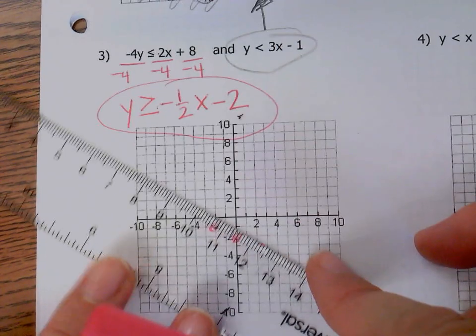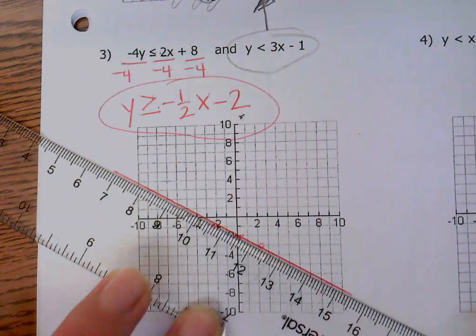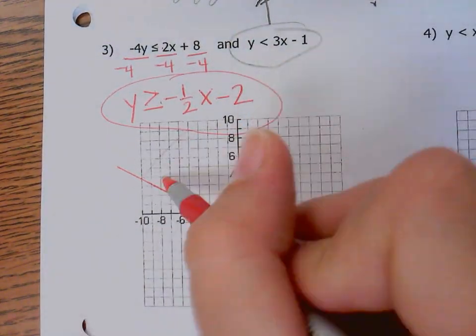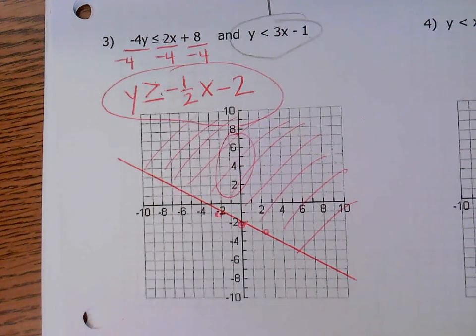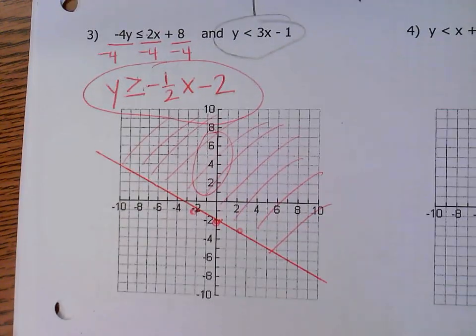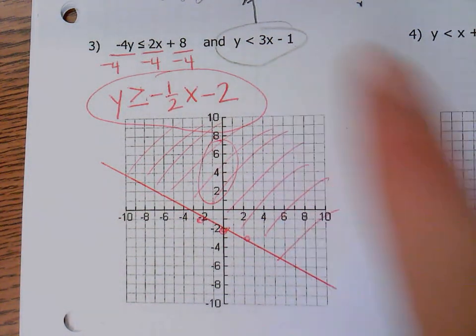Make sure you're paying attention to a solid or dotted line. I'm shading above it where the y values are bigger. Is that what yours looks like, I hope? Then you've got to graph the second line on top of it.